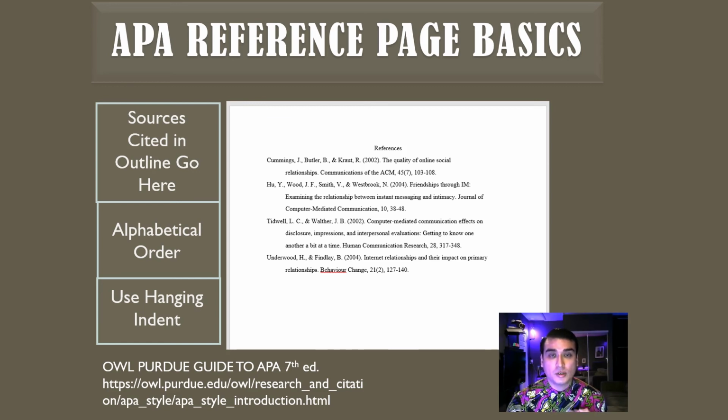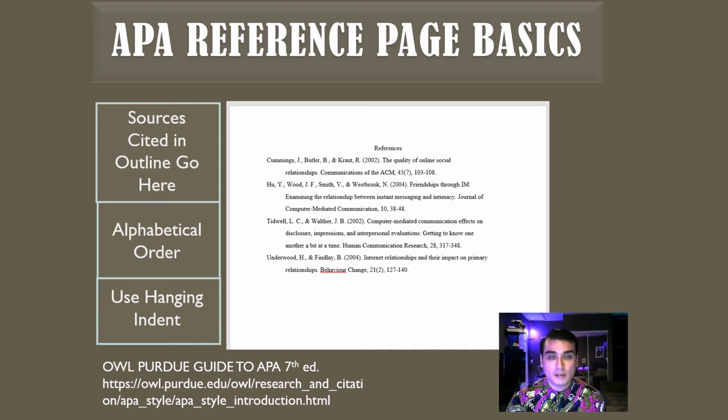We're not going to go too much in depth with all the elements that you need for the reference list, since we're more concerned with oral citations for this presentation, but we can note a few general features about the APA reference list. For example, at the top of the page, centered, it says references, and underneath we have all your references that you cited within your outline in alphabetical order and in hanging indent style.